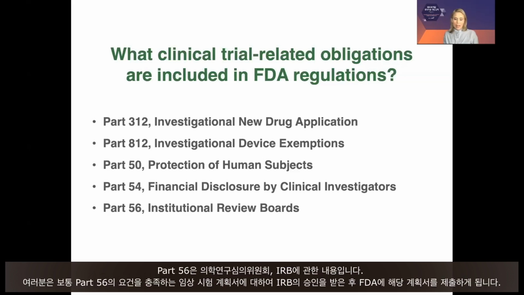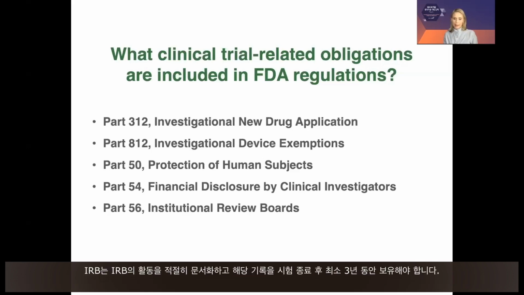Part 56, institutional review boards or IRBs. You need IRB approval generally for a clinical investigation, which must meet the requirements as set forth in Part 56 prior to the submission of the data to FDA. And the IRB has to maintain adequate documentation of IRB activities and retain these records for at least 3 years after completion of the study.